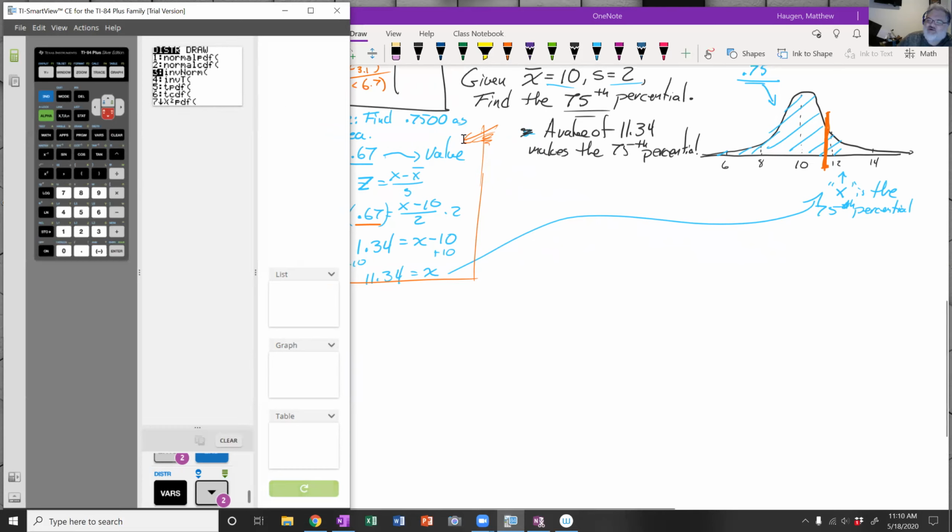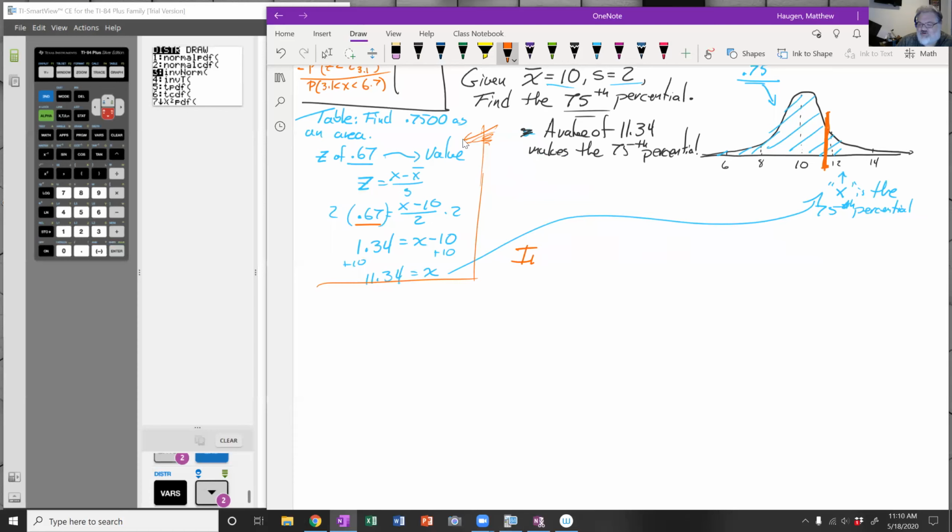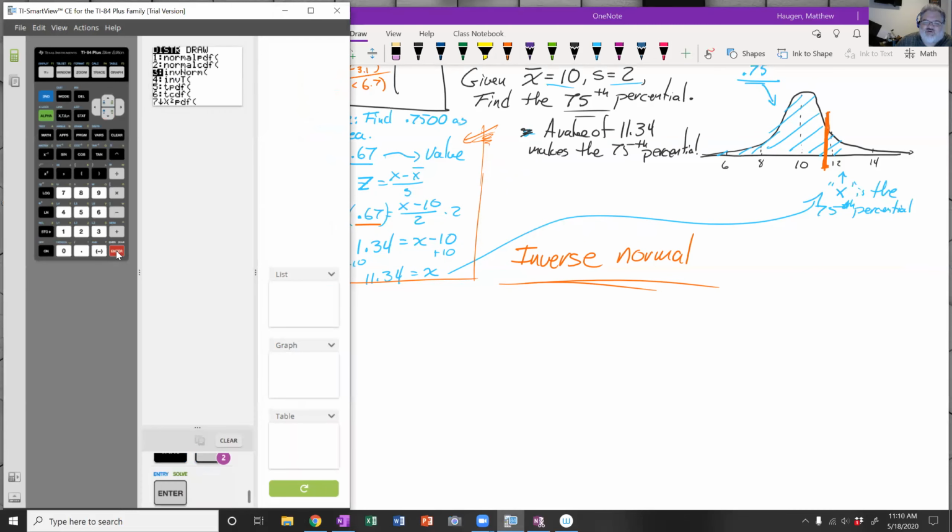So how do we go backwards with these? Well, we use the inverse normal. So in our calculator, we have INV normal. That's our inverse normal. If we go to the inverse normal, it'll ask for the area we want. Again, that's the proportion, that's the probability.